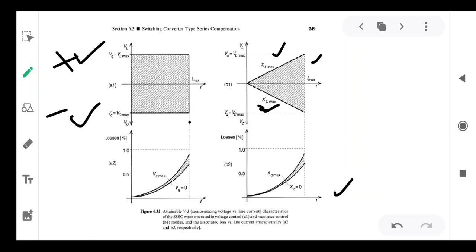XQ is varied from 0 to some maximum value, corresponding to VQ of 0 and VQ maximum. So VQ maximum corresponds to XQ maximum. So both are related.